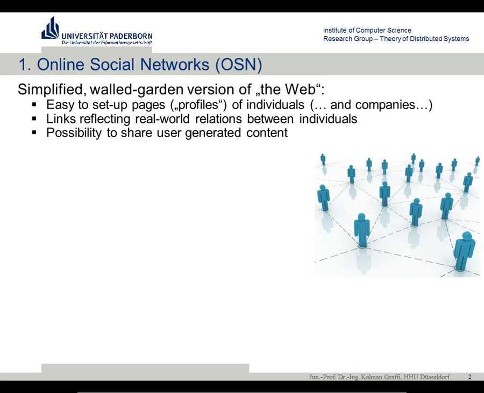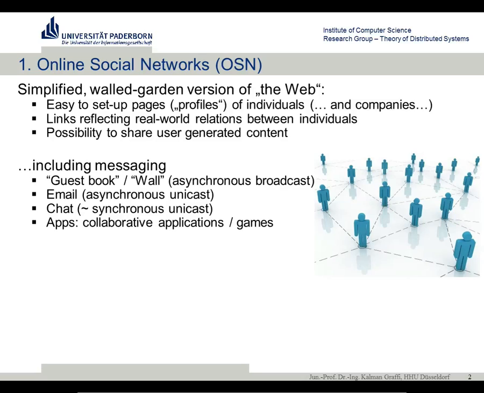So basically the offline world is now mapped to the online world, and it's very simple to communicate with each other. That includes messaging, walls, different kinds of communication types: email, asynchronous; chat, synchronous; broadcasting, to everyone. So this is more directed to one person, this is to many persons. A very broad range of communication is supported.